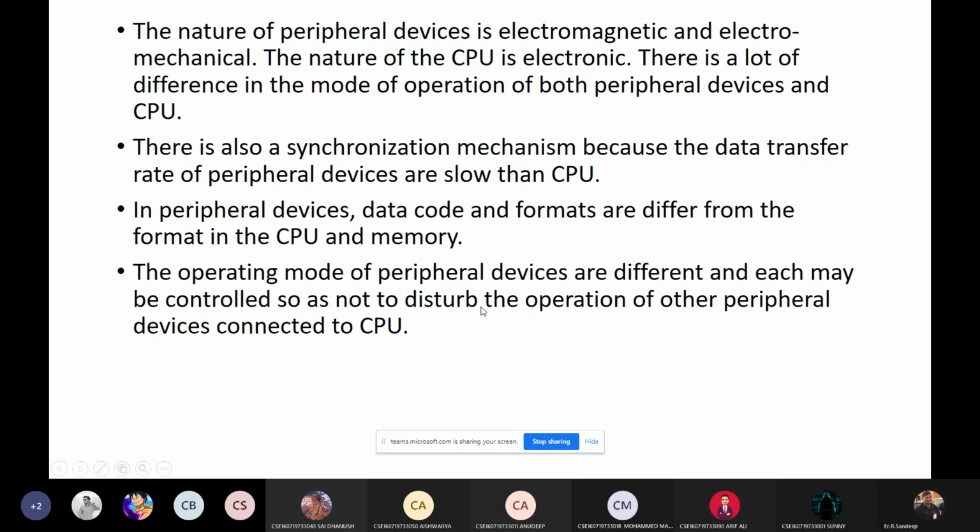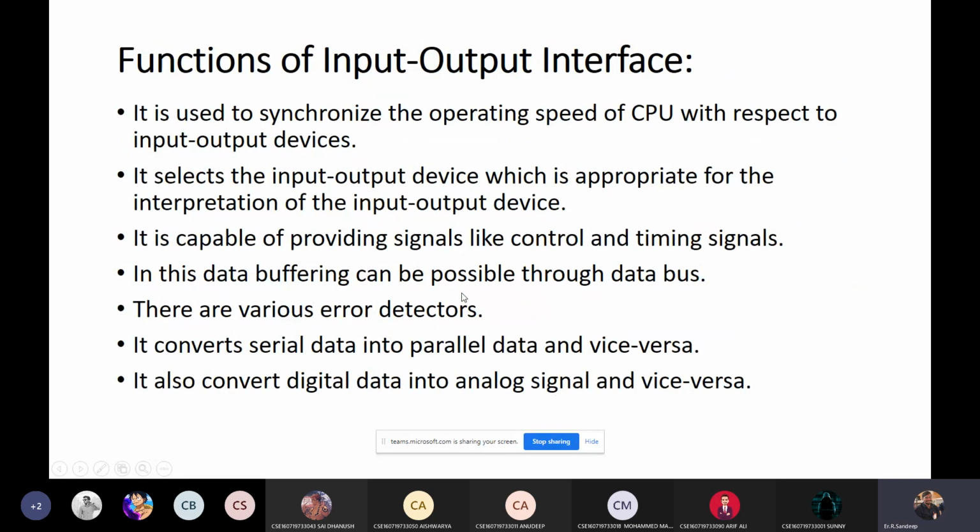And what are the functions of the input-output interface? The major functions are, first, it is used to synchronize the operating speed between the CPU and the IO devices.